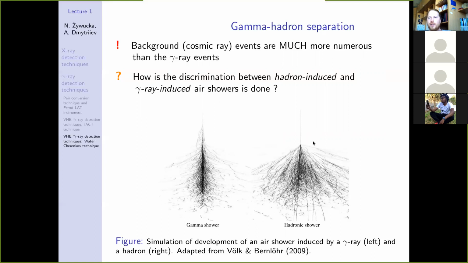In the case of IACT, Cherenkov telescopes, we were doing this separation on the basis of the Cherenkov image. The particles of the shower emit Cherenkov light, right? And the showers in Cherenkov light looked quite different. A gamma ray shower was more like an elongated ellipse.